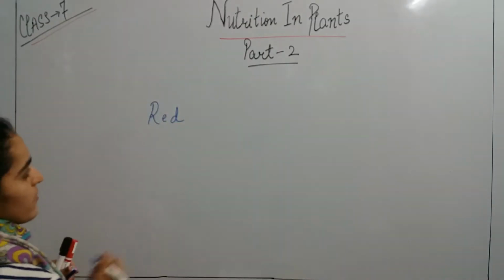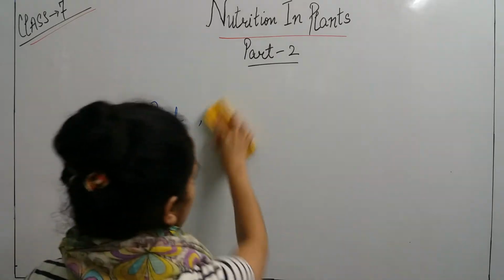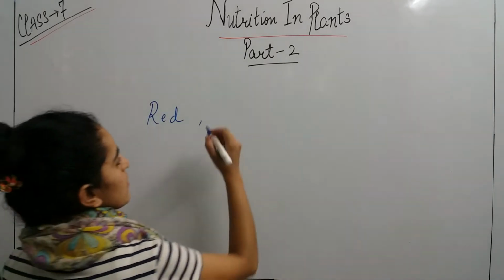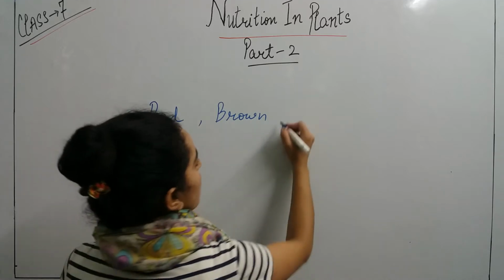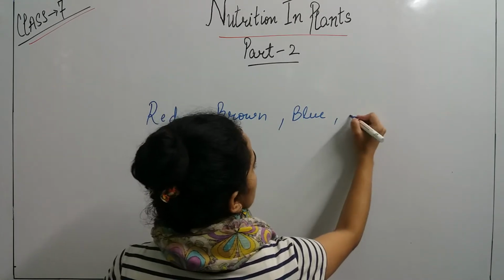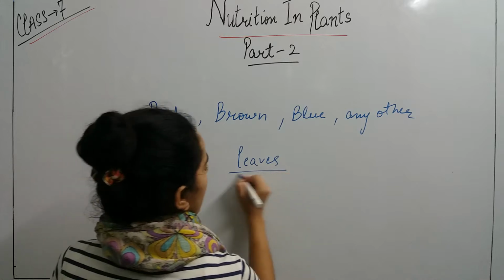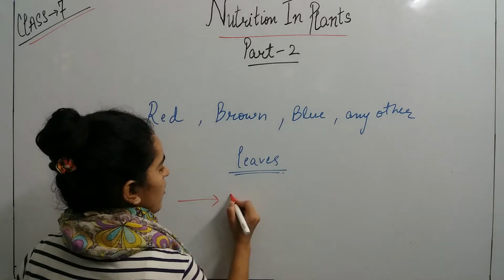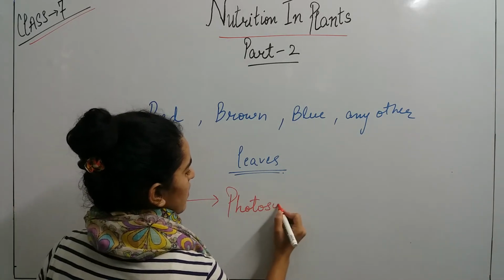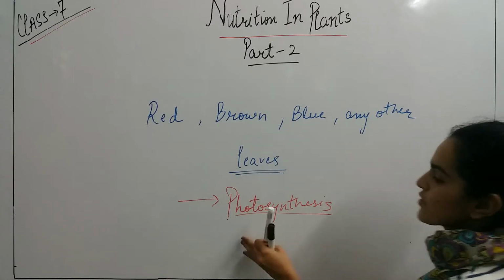We have already discussed that plants which have red leaves, brown leaves, I hope you all have seen such leaves, red leaves, brown leaves, blue, or any other color leaves of a plant, they also perform the photosynthesis process.